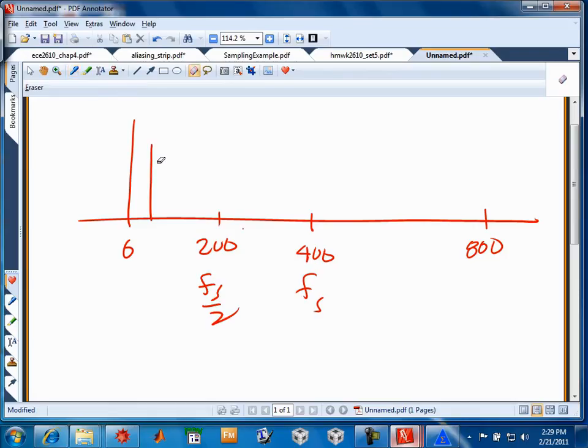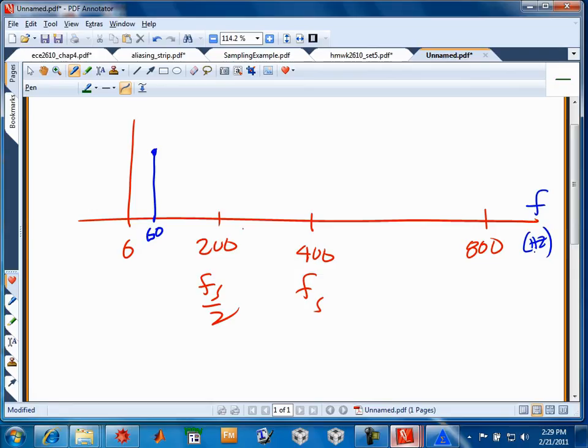So I'm thinking of the line spectra idea right now, so this is F in hertz. 60 hertz is what we started with. Now, where do the aliases lie that we just discovered relative to the 400 hertz sampling rate?